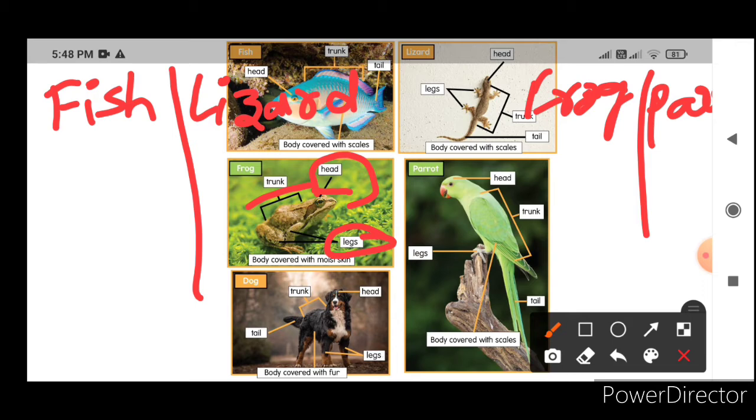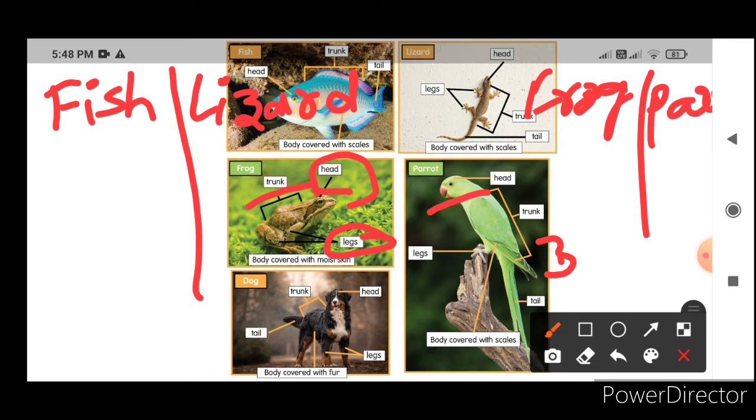You can see this picture and how the body parts are divided. It has head, trunk and tail. So its body is divided into three main parts: head, trunk and tail.